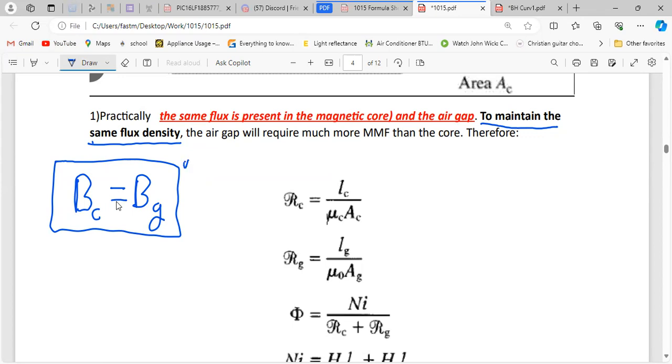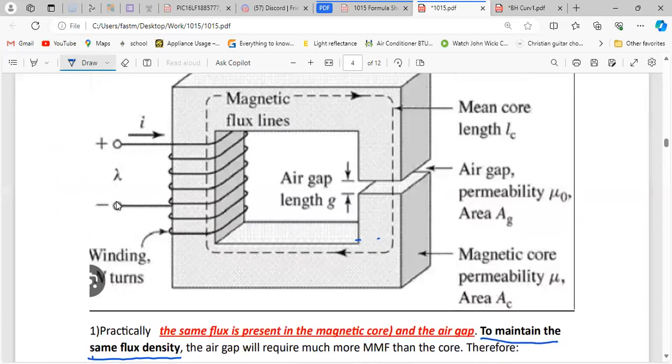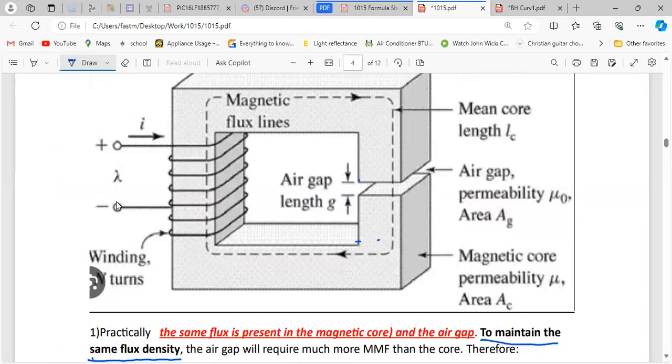Look at that, right? Now I'll go through some equations. The air gap and the core are two separate entities, but they sum together to give you the MMF. We know that the reluctance of the air gap will be different, because R is equal to L over mu 0 A. If we go back to this here, the cross-sectional area A of the air gap is the same as the cross-sectional area of the material itself.